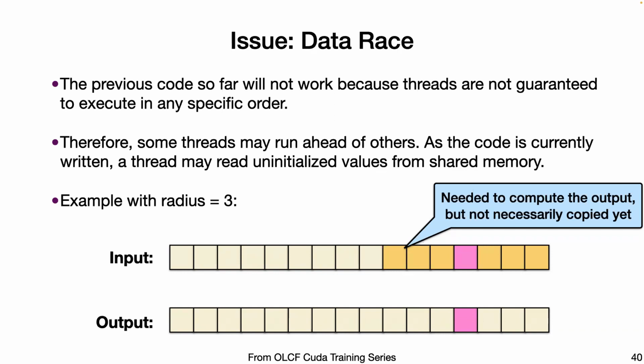Here, if you're trying to compute this output, you need all of these 7 points. But if this thread was much slower than this one, this element is not guaranteed to be there by the time you do this summation of these 7 points. And so that is not totally correct.